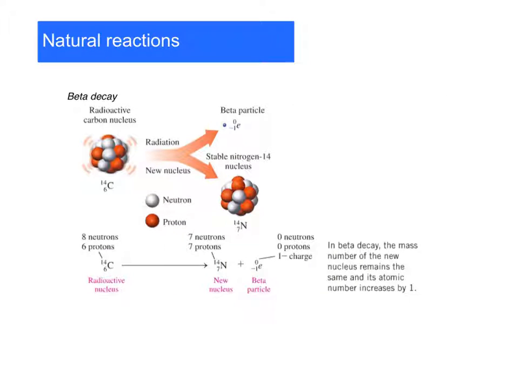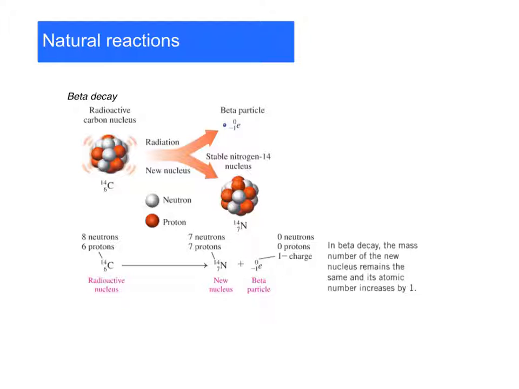Now we can do the same thing for beta decay. To write a reaction for beta decay, one of the most common elements that undergoes beta decay is the isotope of carbon that has a mass of 14. Part of the reason that it is unstable is that it's got too many neutrons for the number of protons that it has. So the type of decay that it undergoes is beta decay, because that causes one of the neutrons to be converted to a proton.